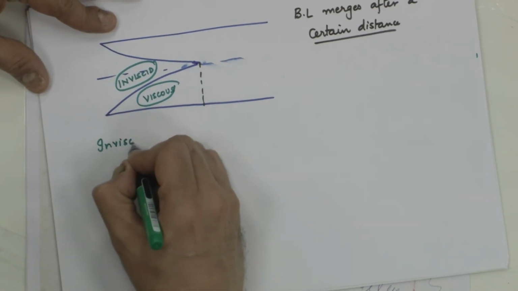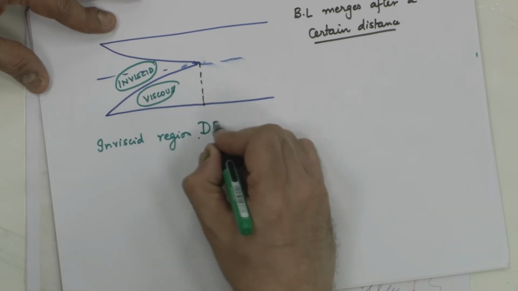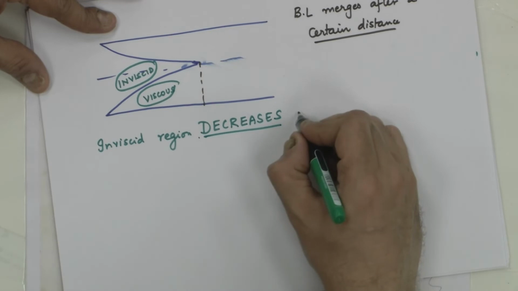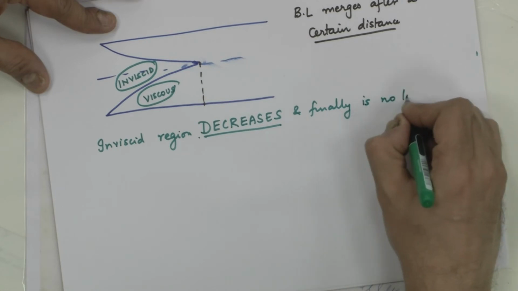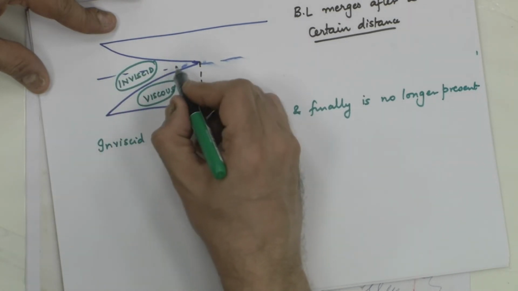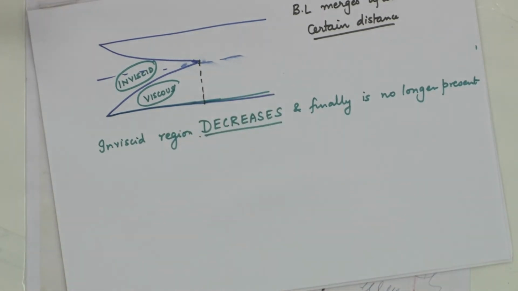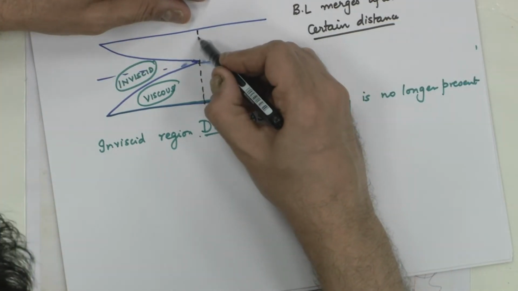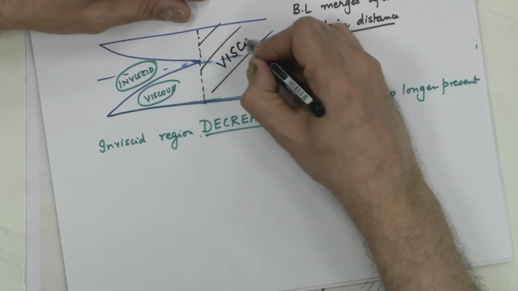The inviscid region decreases and finally is no longer present, correct. It goes on decreasing, and then at a point where the boundary layers have merged, the inviscid region is no longer present. The entire flow after this point is completely viscous.